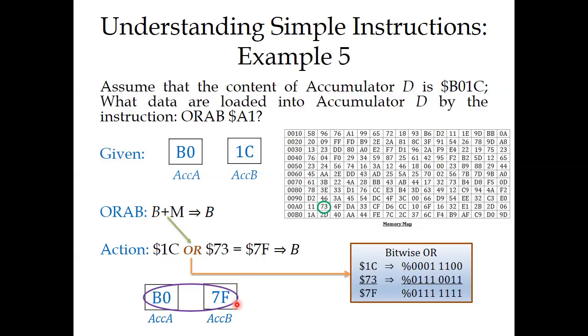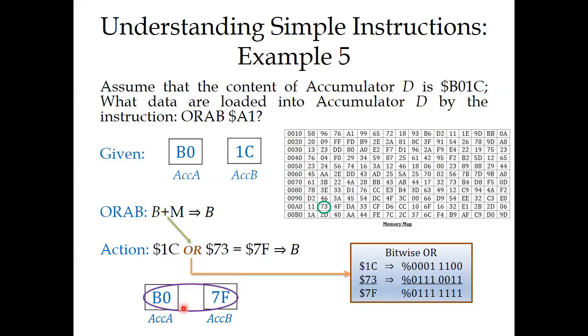Now this is the tricky part. If you look at the question, you were actually given the D, right? But the instruction only dealt with B, not the whole A and B. So basically, after you are done with this instruction, your A still remains B0 because nothing was changed in A. Because the instruction did not change anything in A. So your A is still B0.